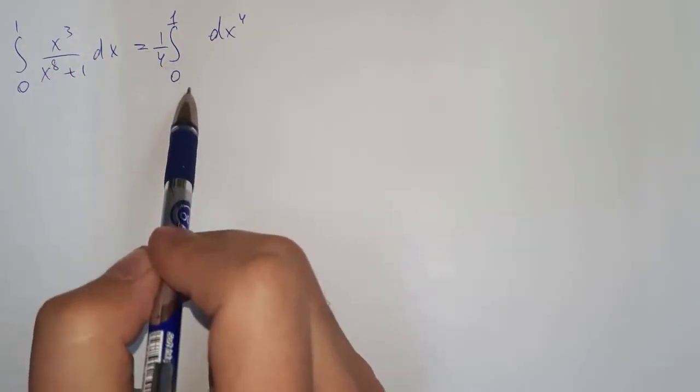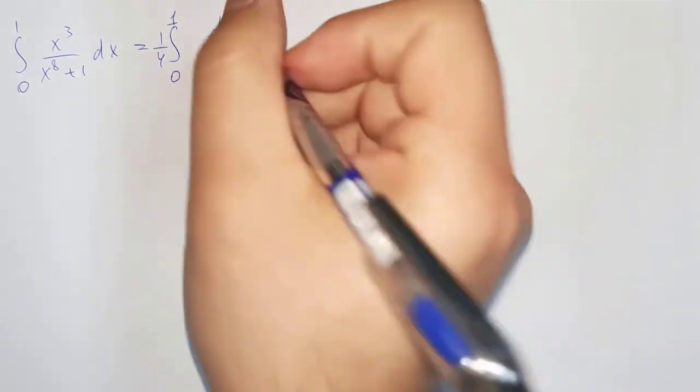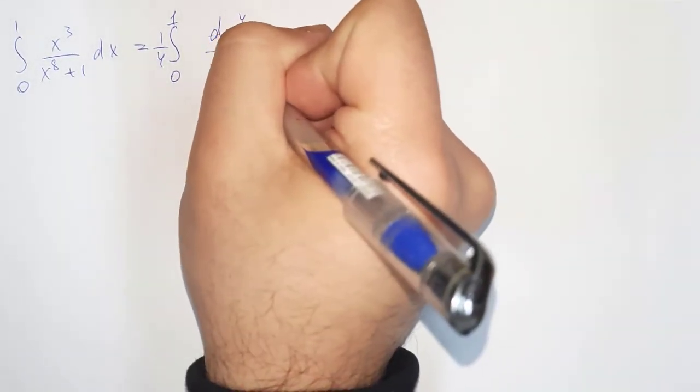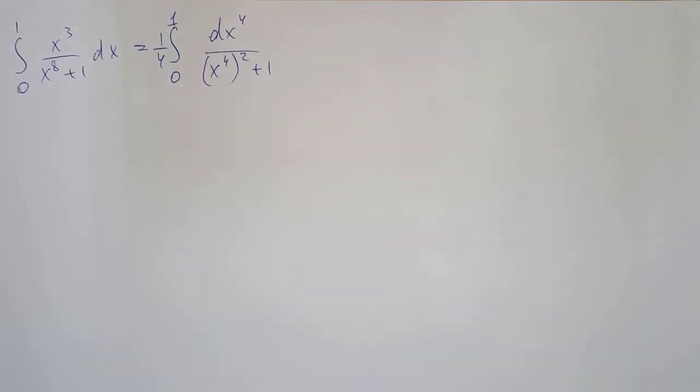That's why we need to multiply by 1 over 4 also, over x fourth squared plus 1. So what is it now? This is now the integral with respect to x to the fourth degree.